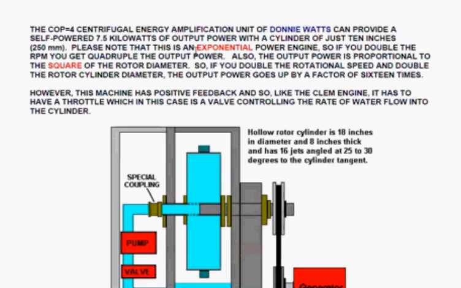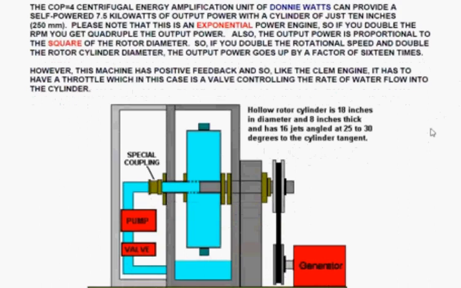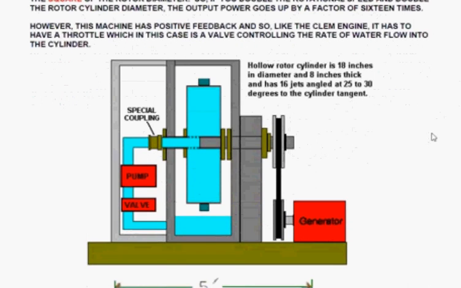Now, this machine has got positive feedback. And like the conical Clem engine, you have to put a throttle on it to stop it rotating so fast that it drives itself apart and disintegrates. But the general principle is very simple.